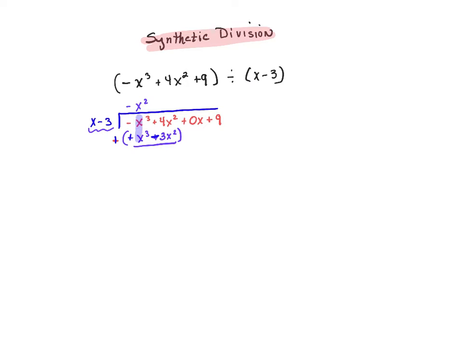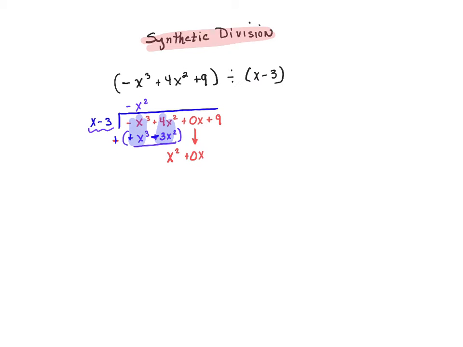Negative x cubed plus x cubed, those equal 0. And this next one's going to be a 4x squared, take away 3x squared, so it leaves me with 1x squared. And then I bring down the next term, which is just this 0x. Now the question becomes, what do I have to multiply x by to get an x squared? Well, that's easy.